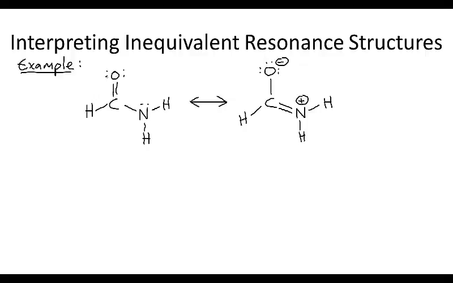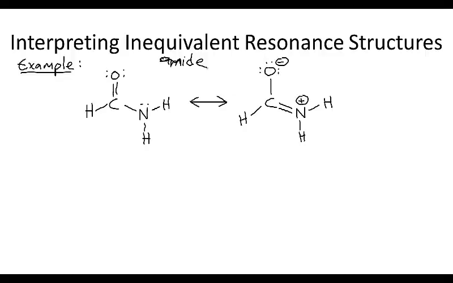Just out of curiosity. This is an amide. It's an amide. Yeah. It looks like it should be spelled like it should be amide, but we say amide for whatever reason. So this is an amide, and whenever you have an amide, you have the potential for resonance. Okay. We have these two resonance structures.